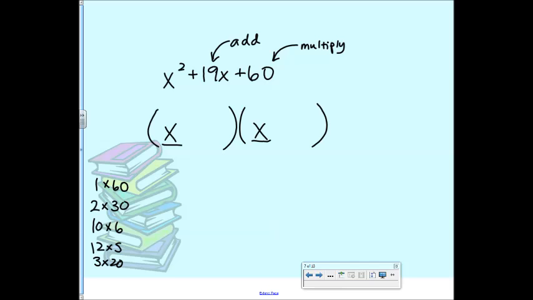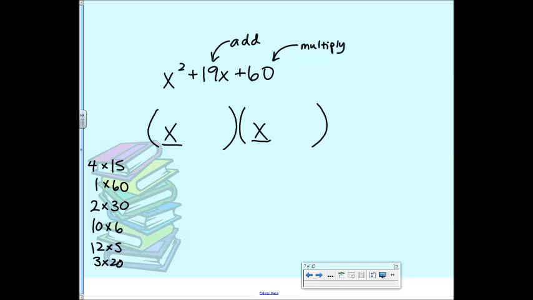Does 4 go into 60? Yeah. Wait, 5 times 4. We have that, yeah. 4 times what? 15. Okay, I think that's it. So then do any of those add up to 19?